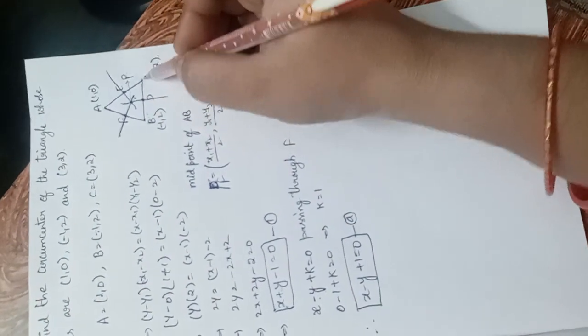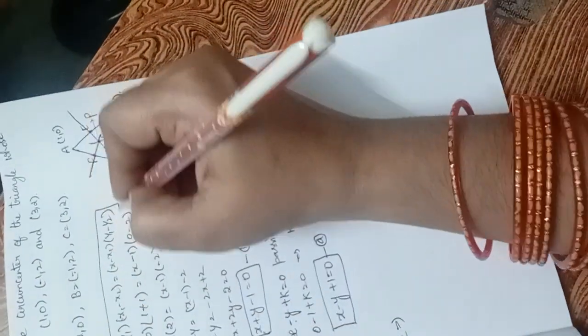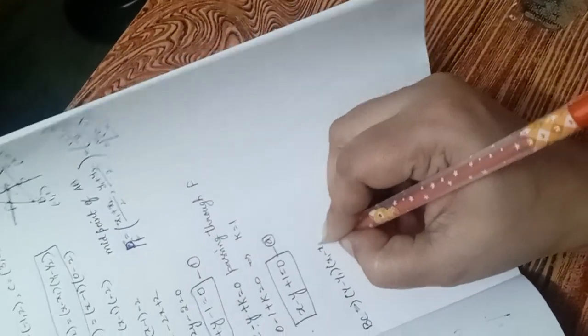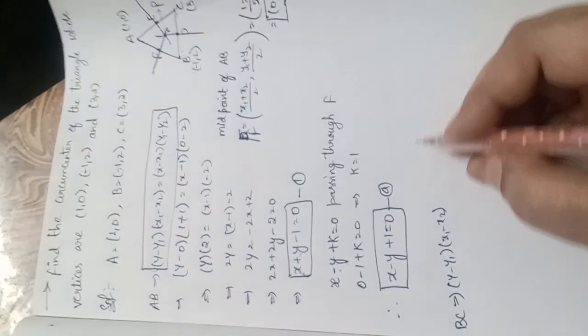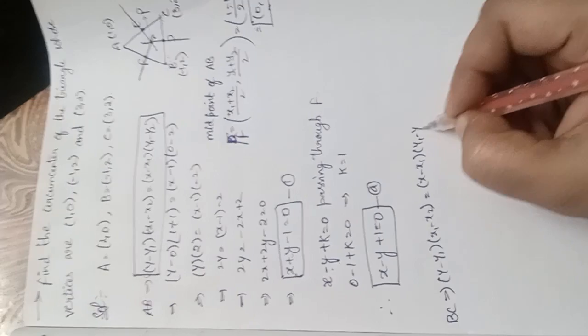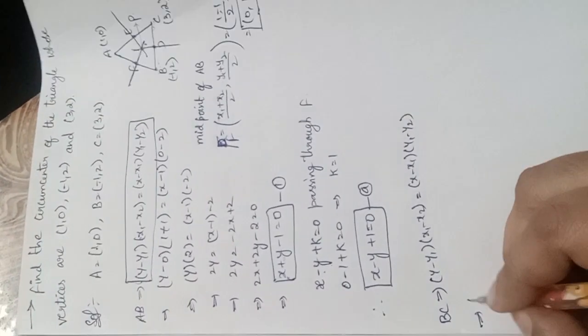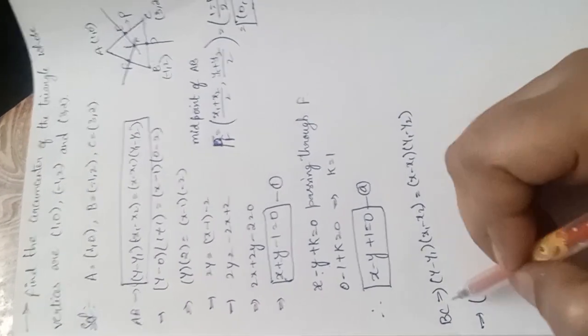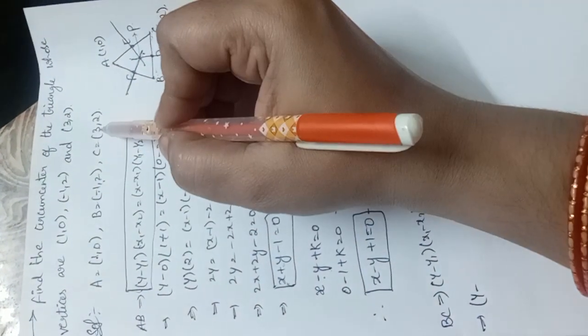Next, coming to the other line BC. I took AB, and now I am writing the equation for BC. Again the same formula: (y minus y1) into (x1 minus x2) equals (x minus x1) into (y1 minus y2). This is BC, so B and C you have to take.